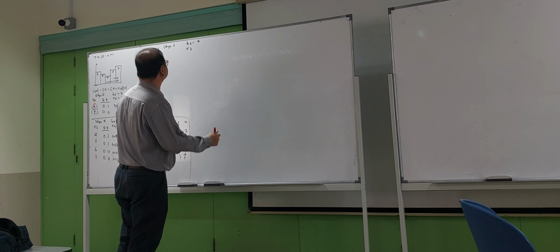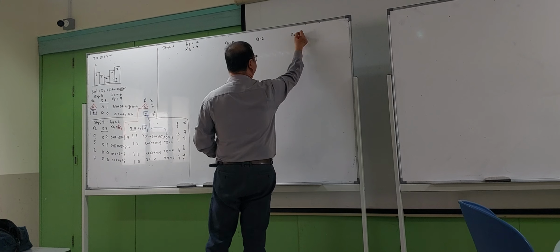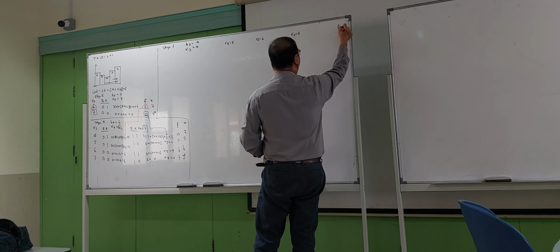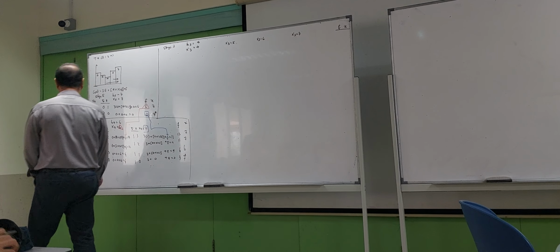Okay? So X3 equal to 4, X3 equal to 5, X3 equal to 6, X3 equal to 7. And at the end here you have F.